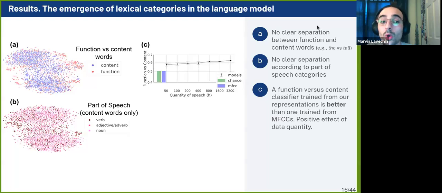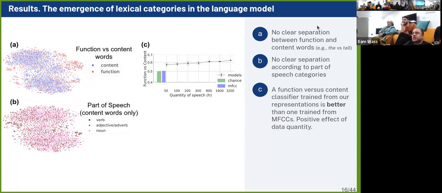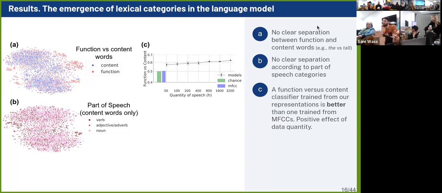Marvin, sorry to interrupt. Can you just explain, for everybody, t-SNE? It's flicking through lots of different ways of dimensionalizing the data, and then it's not finding any ways of dimensionalizing it that differentiate.